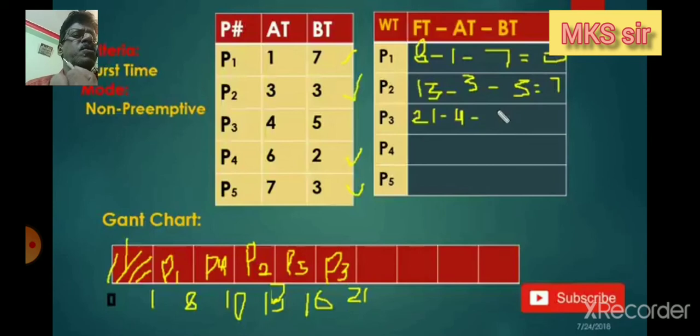So 21 minus 4 minus 5, that is 12. Now for P4, from the Gantt chart, the finishing time is 10, the arrival time for P4 is 6 and the burst time is 2.